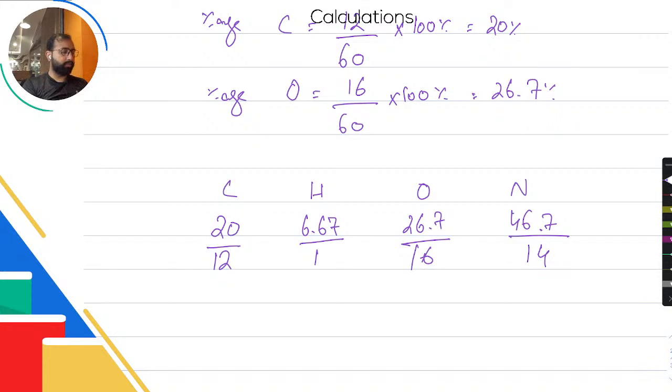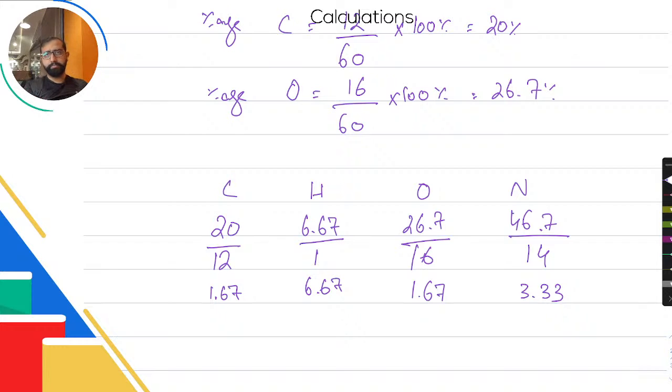20 divided by 12, that is 1.67. 6.67 is already there. Then 26.7 divided by 16, that is 1.67 again. Then nitrogen, 46.7 divided by 14, that is 3.33. Fair enough. Now this is the moles of this thing in 100 grams.